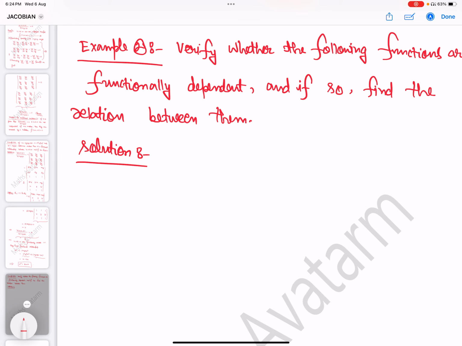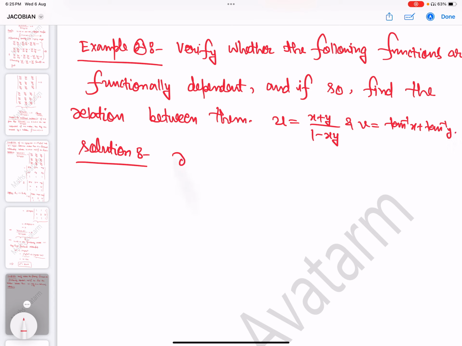Meaning is same. Okay. So what are the functions? So functions are u is equal to x plus y upon 1 minus xy, and v is equal to tan inverse x plus tan inverse y.